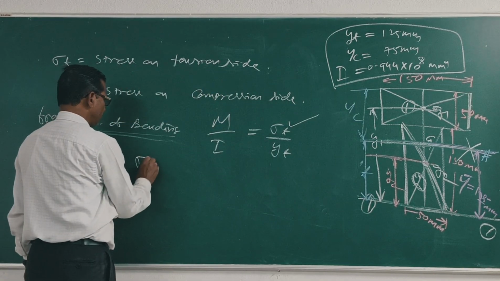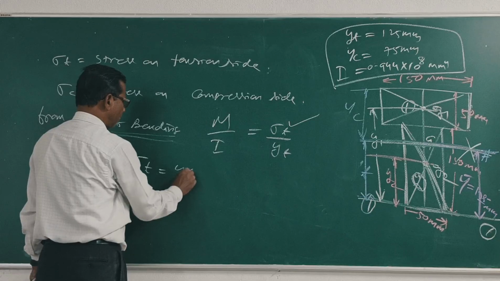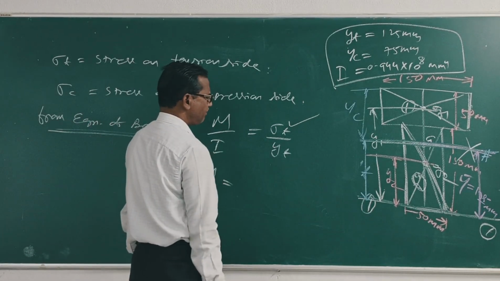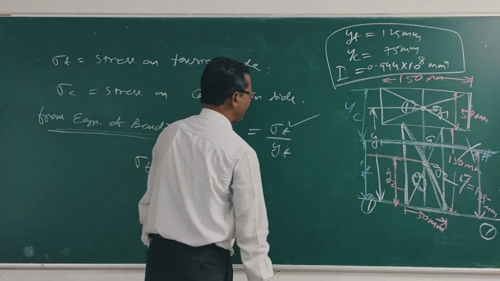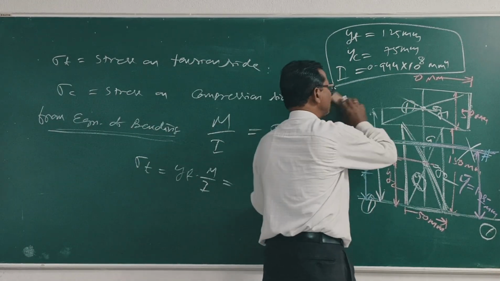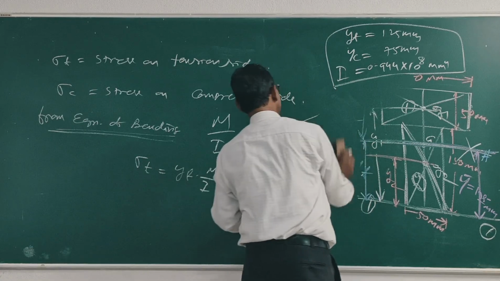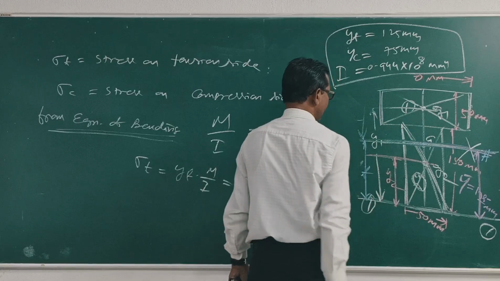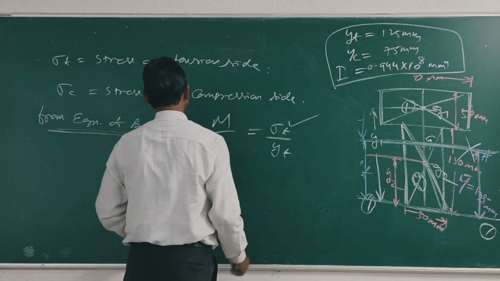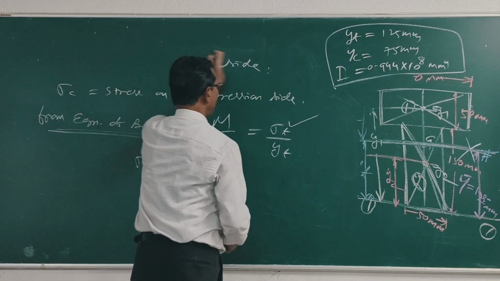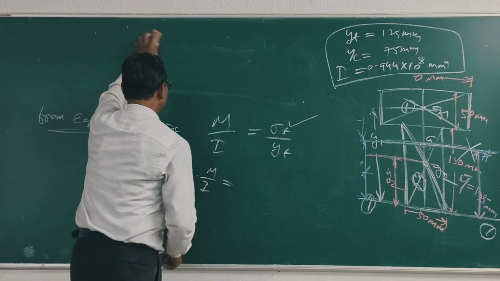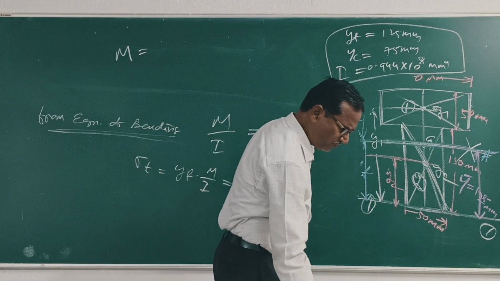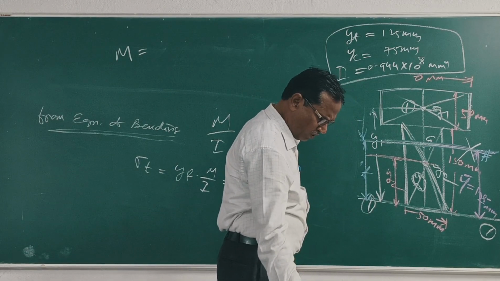Now sigma T is equal to yt into M by I. The given bending moment M is equal to 3.4 kilonewton meter.